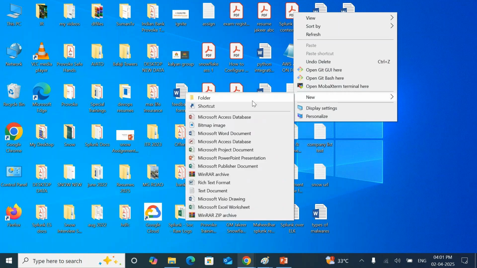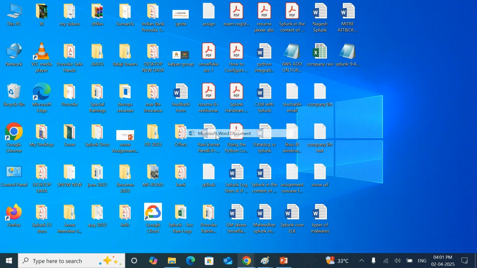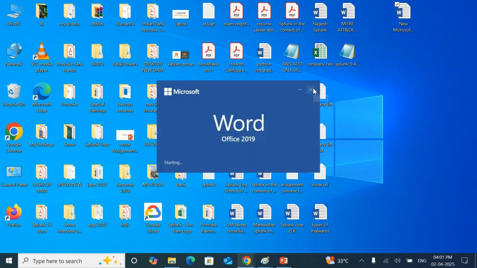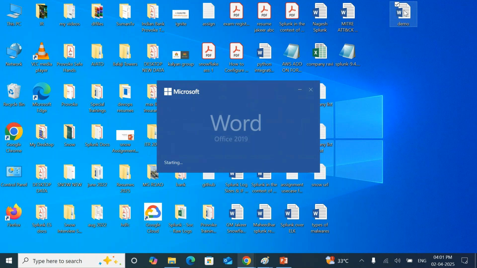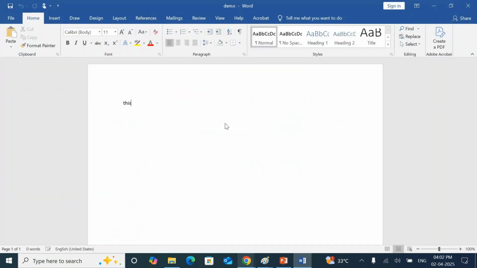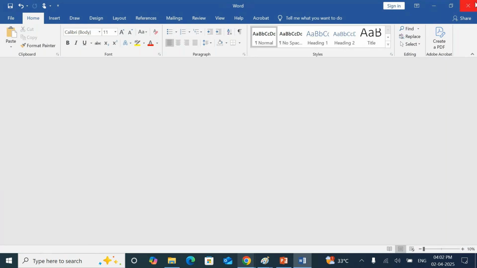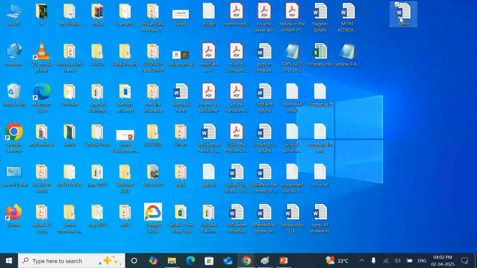Let's say, for example, this is the file. I'm just naming this as a demo. Now I assume that this is the original file. I'm trying to find out the hash key for this file, sir.